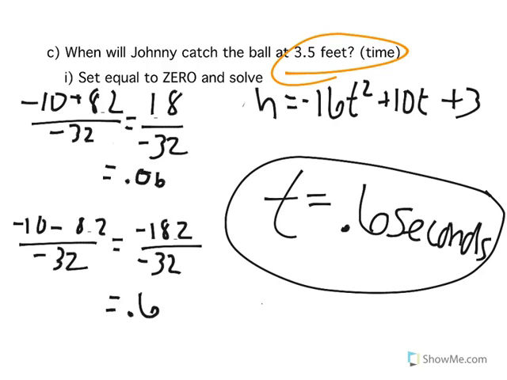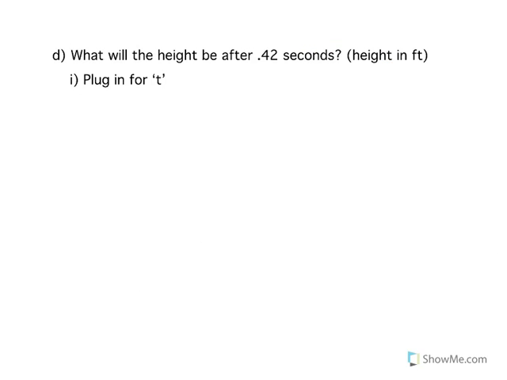So we're going to look at one more part of this problem. It says, what will the height be after 0.42 seconds? So if you go back to this drawing that I had, where we were throwing the ball, and it's going to take that U shape.